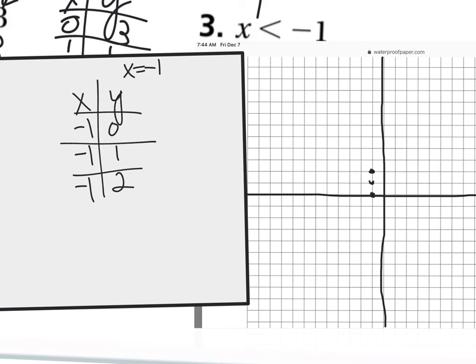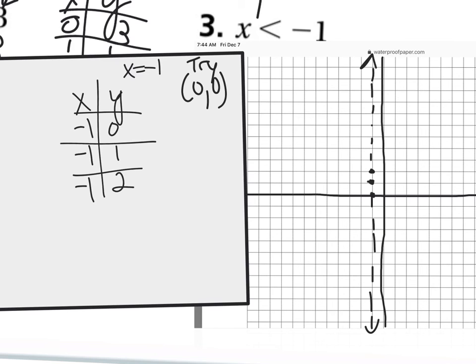All right, again, if you just know that, that's fine. If you just remember that's going to be a vertical line. Again, I always got confused on that. This one is just less than, so it's going to be a dotted line. So you can just draw a dotted vertical line there. And then we can think of, again, 0, 0 is a point we can try that's not on our line.